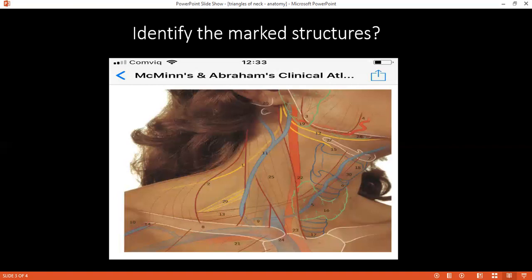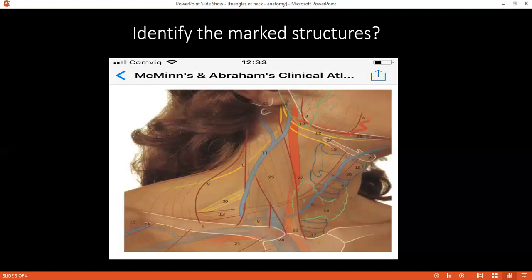Omohyoid muscle divides into carotid and muscular triangles. Posterior triangle is divided into one larger occipital triangle and one smaller supraclavicular triangle, and these are divided by the inferior belly of omohyoid muscle.